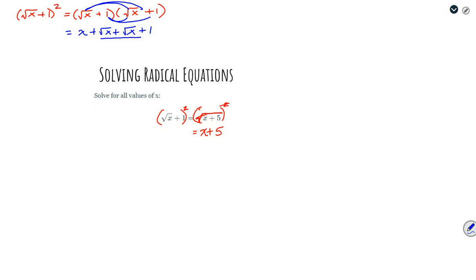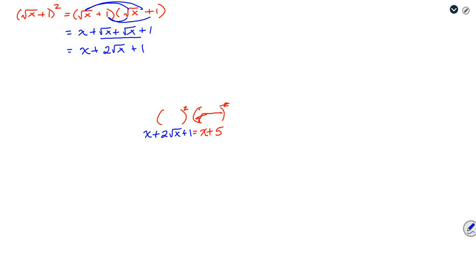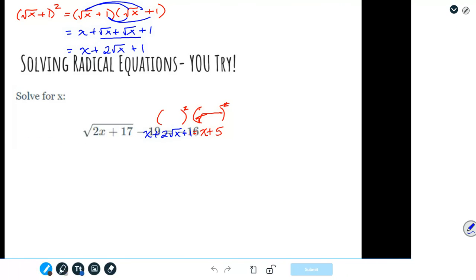So I can combine these to be x plus 2 square roots of x plus 1. So that is what goes on this side. x plus 2 square roots of x plus 1. Oh man, there's still a radical. What did I say about having another radical after you do that? Let's go back to those steps.